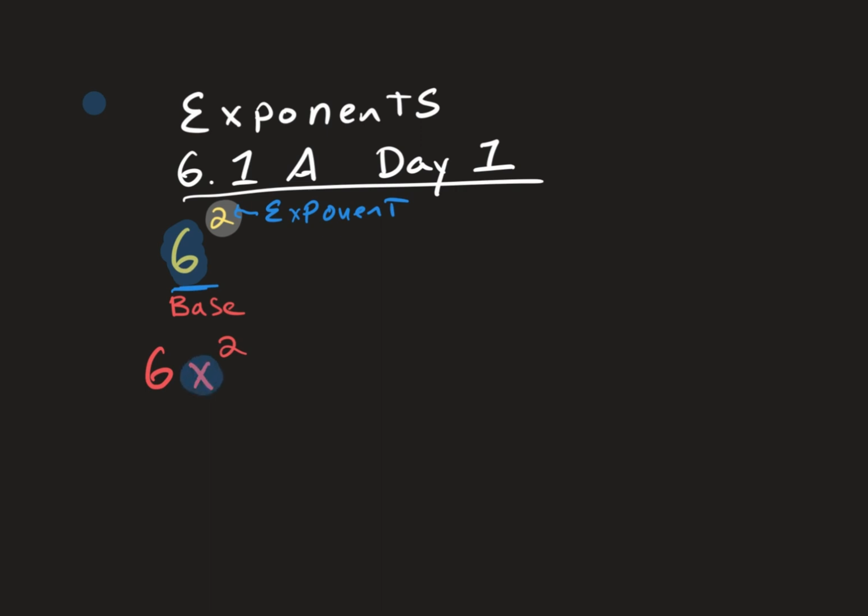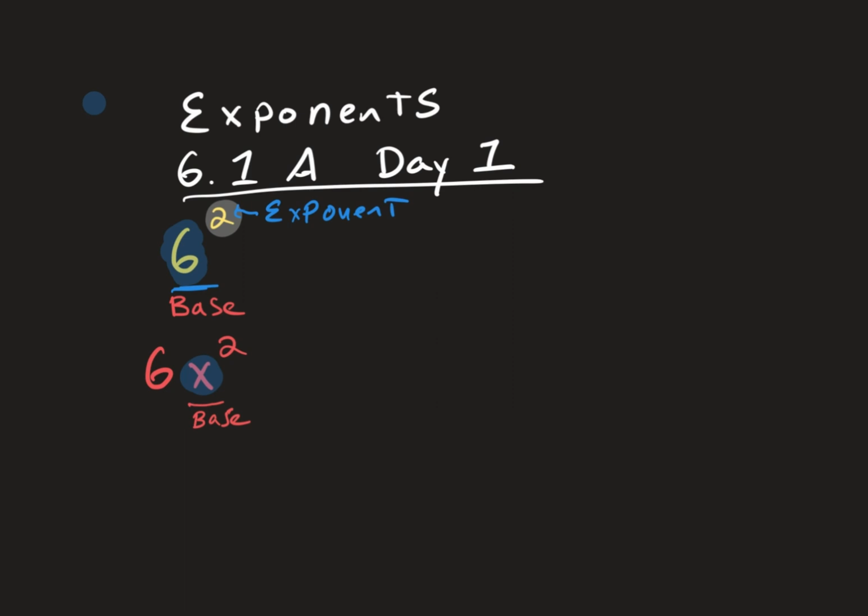This is our base. The base is only the part that's being risen to a power or to an exponent. The 6 is not part of the base in this case because it's not being risen to a power.